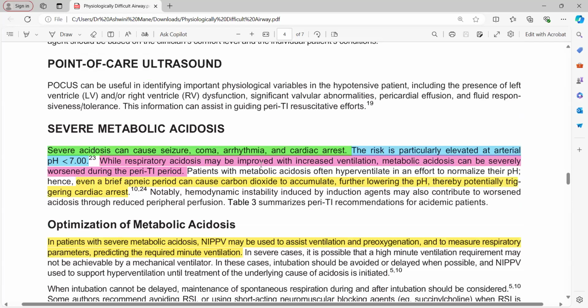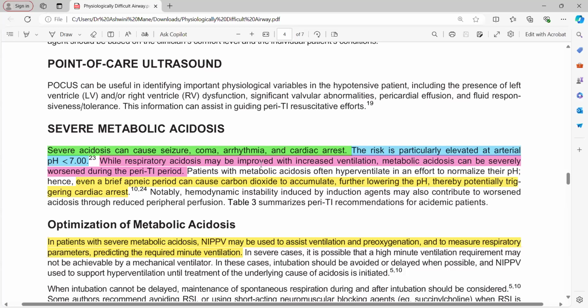Now, another physiological derangement that needs to be considered is severe metabolic acidosis. Severe acidosis can cause seizure, coma, arrhythmia, and cardiac arrest. The risk is particularly elevated at an arterial pH of less than 7. While respiratory acidosis can be improved with ventilation, metabolic acidosis can be severely worsened during the peri-tracheal intubation period.